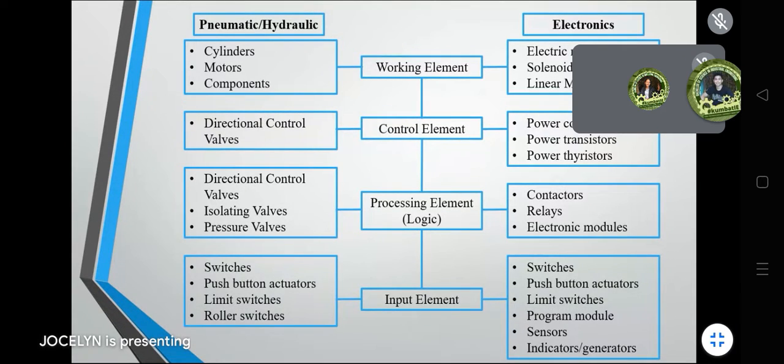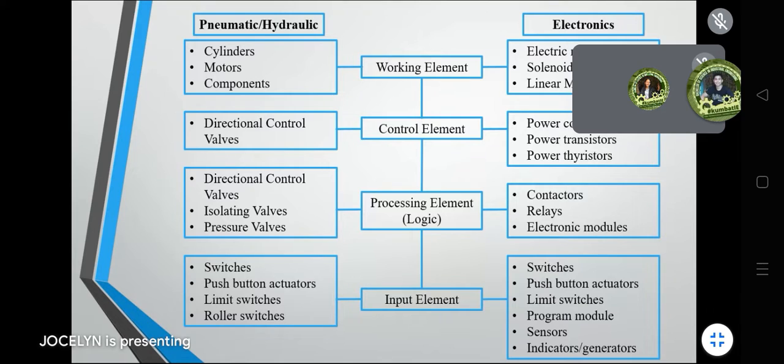In a control element, in terms of pneumatics, we have directional control valves and even indirect control valves, and for electronics we have power actuators, power transistors, and power thyristors.